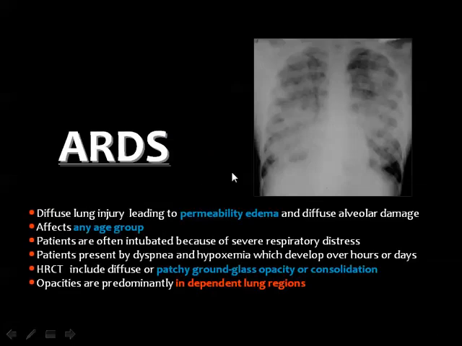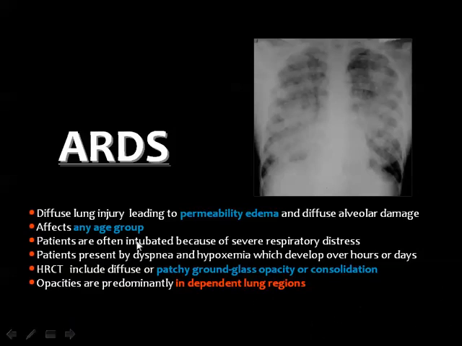And what is acute respiratory distress syndrome? This is a lung injury leading to permeability edema with too many opacities in the lung. This disease affects any age group. It can be seen in pediatric patients. And this is in contrast to the cardiogenic edema, which is usually seen in adults.